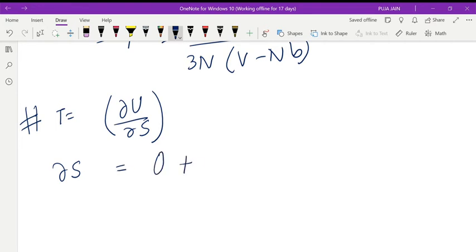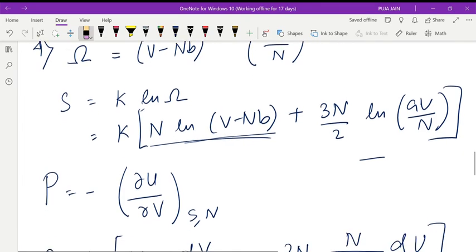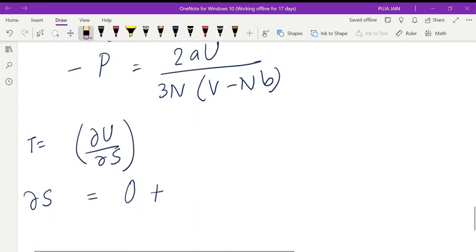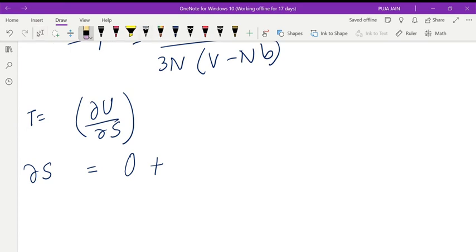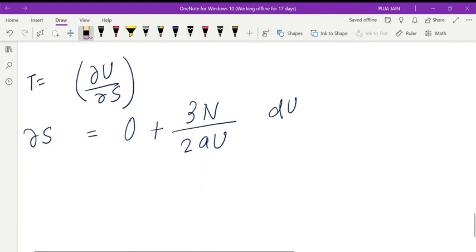Then the second term we are getting 3N by 2aU dU. Am I missing any term? Let me check again. 3N by 2aU, this is N square basically. So I am getting this term.